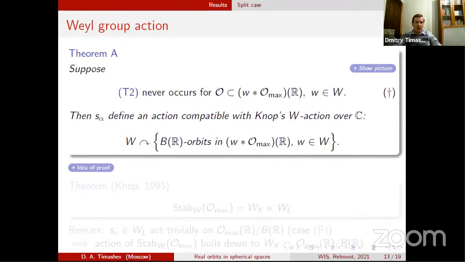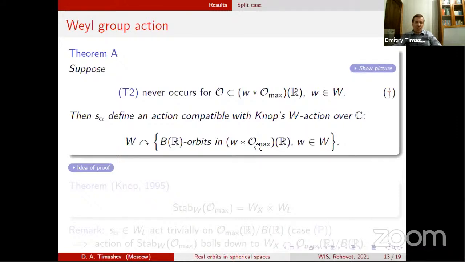So the first theorem we get is the action of the whole Weyl group on some subset of real Borel orbits. Let me explain what is this set. So you have the complex Borel orbit, the open one, O max, and you can apply Knop's action of the Weyl group to this orbit.